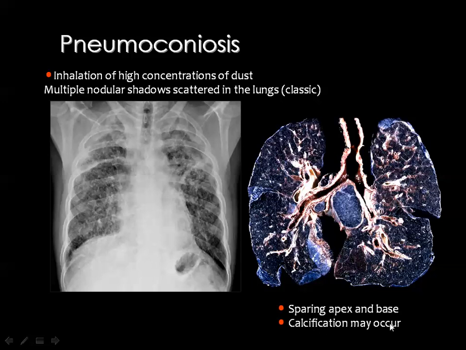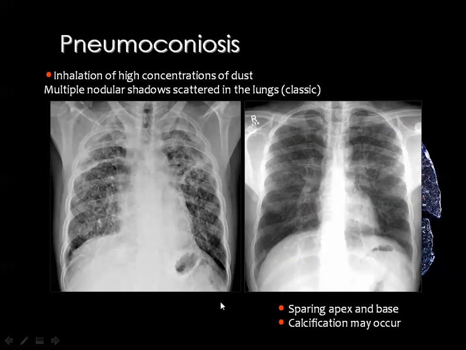The nodules are very dense compared to other miliary nodules. If you look here in this chest X-ray, you see miliary shadows together with interstitial opacities, and you can compare the density of the miliary shadows here with the density of miliary shadows in a patient with miliary tuberculosis.